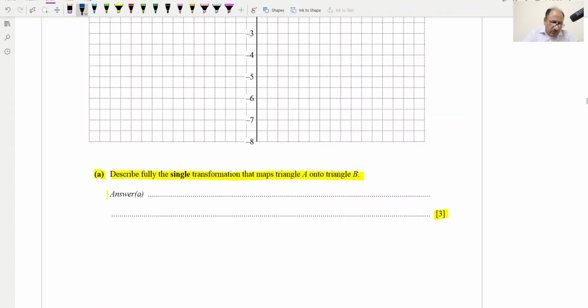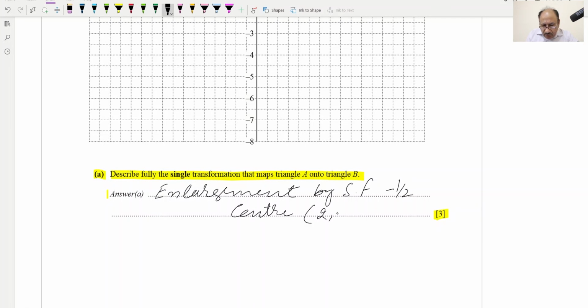So we can provide our answer over here. This is enlargement by scale factor minus 1 by 2, and center of enlargement will be 2 and 5. This is what, for 3 marks, we are done with.